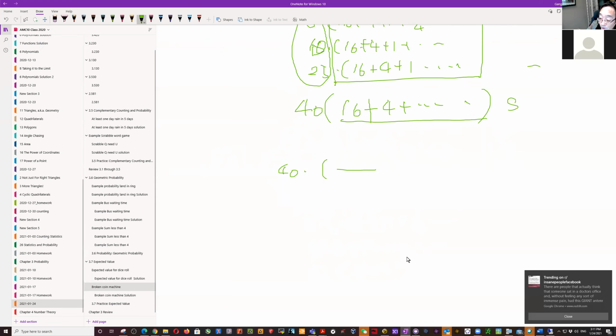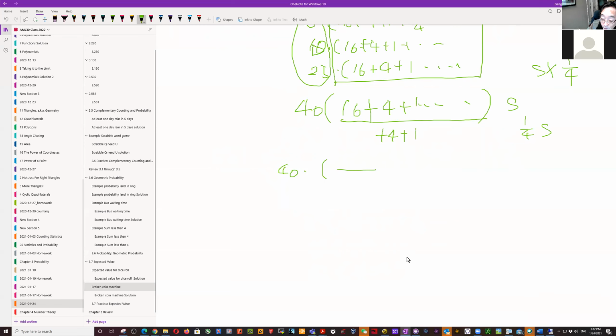Then the sum multiplied by 1/4 means each term is multiplied by 1/4: 4 plus 1 plus all the way to infinity.